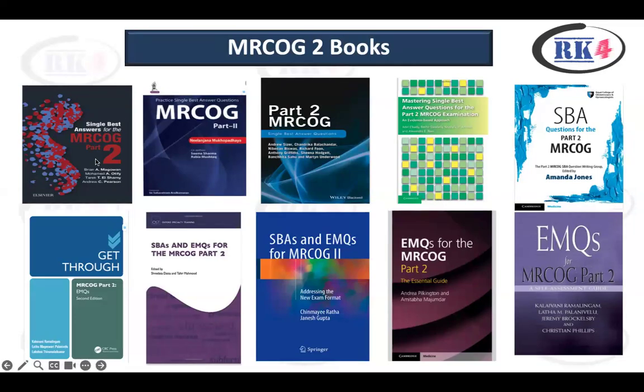And then this book, SBAs and EMQs for MRCOG Part 2, Tahir and Datta. So these two books are strongly recommended. I strongly recommend doing at least these two books, because when you do these books, you'll have a fair idea how SBAs are structured and how extended matching questions are structured, and you'll get good practice from these books.